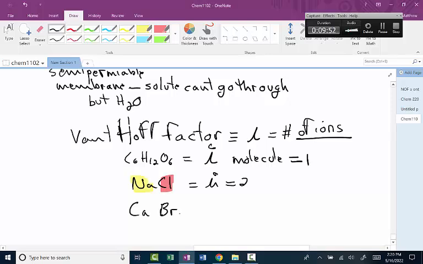Let's do calcium bromide. For calcium bromide, i would equal 3. I have 1 calcium ion, a calcium 2+, and 2 bromide ions. So there's 2 Br minuses, and that would be the Van 't Hoff factor on this. And that determines how effective something is. We'll go to the next video to explain how this works and do calculations.